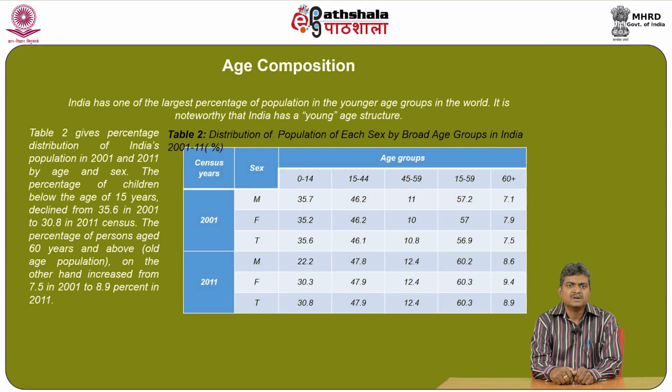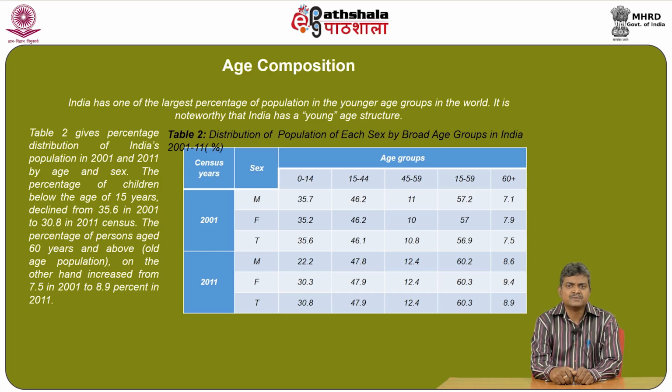Age composition. India has one of the largest percentages of population in the younger age groups in the world. It is noteworthy that India has a young age structure. Table 2 gives the percentage distribution of India's population in 2001 and 2011 by age and sex.